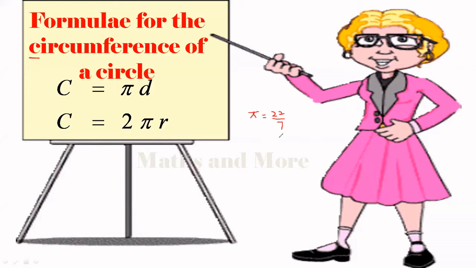Normally, in all the problems, if you use this formula, always use 22/7 in the place of pi. You have to replace pi with 22/7. You have to substitute that value. Okay. Let's see some problems.